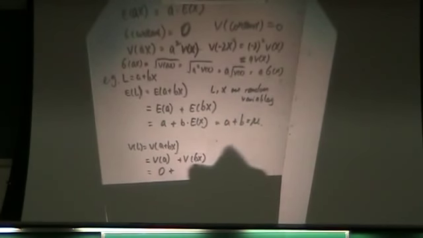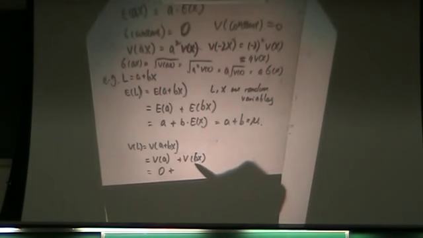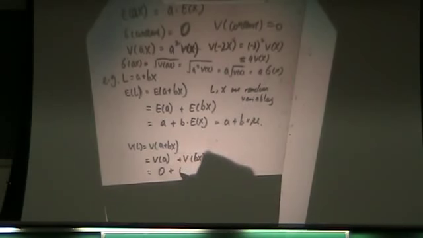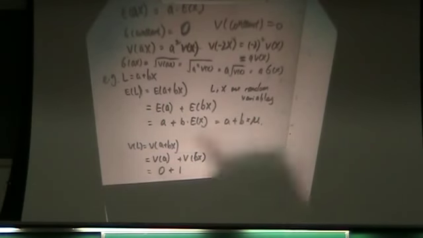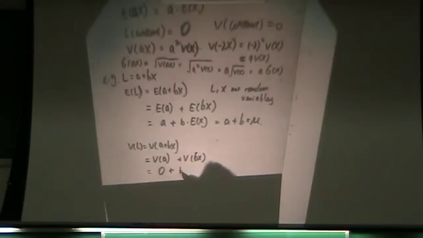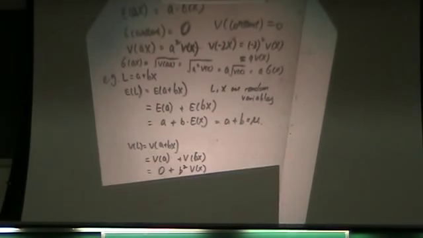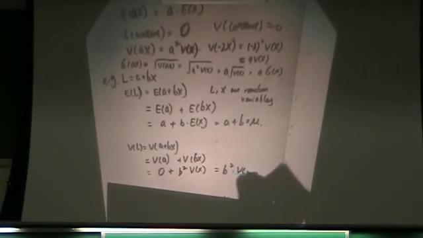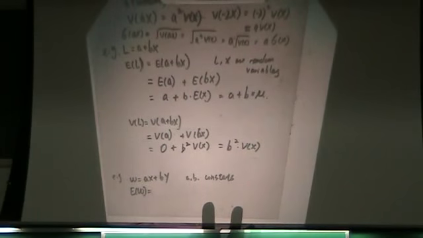Plus, for variance, if there's a coefficient like B in Bx, if we want to put the B outside the parentheses, we need to take the square of it. So in this case, we get B squared times the variance of X. I guess that's clear?